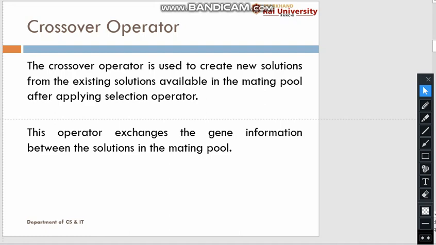पहले हम लोगों ने सारे इंडिविजुअल्स को इनकोडिंग ऑपरेटर यूज करके इनकोड कर दिया. Then we have selected the better individuals or the fittest individuals using the selection operator method. And now once we have selected the fittest individuals, these fittest individuals will be crossed over in order to get new individuals.